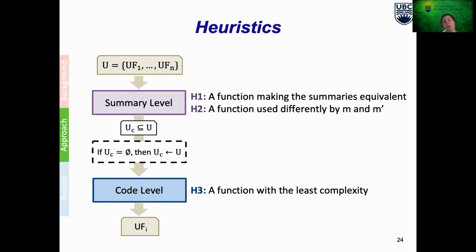Here, we aim to pick one primary candidate with the simplest code, avoiding complex constructs such as nonlinear arithmetic and loops. The rationale behind these heuristics is that, everything else being equal, we want to start refining from the simplest statements that are unlikely to introduce additional complexity for SMT solvers.